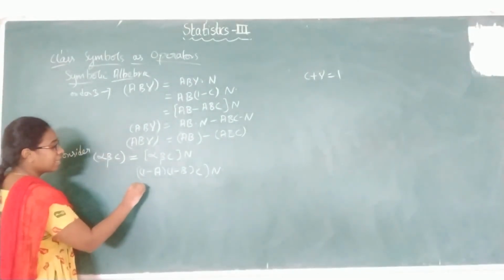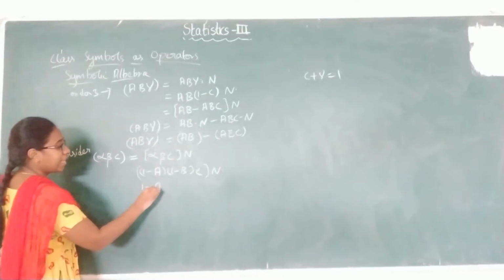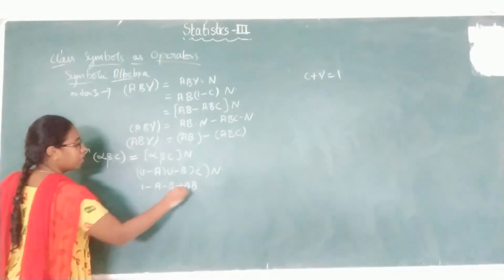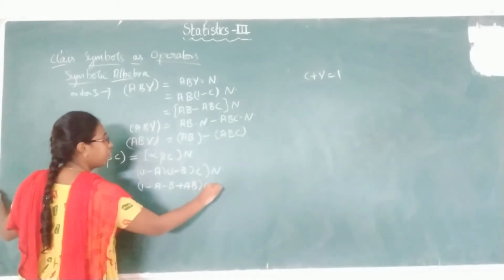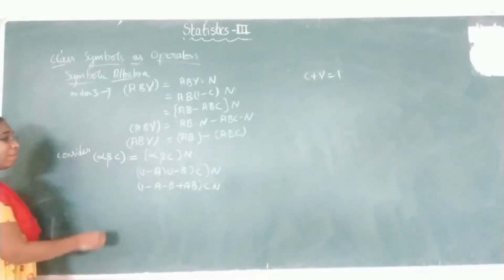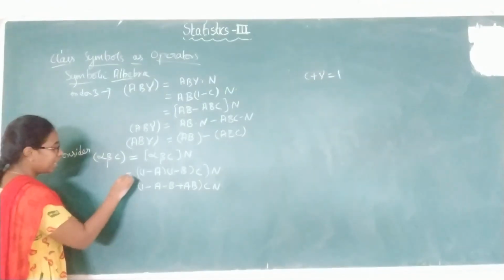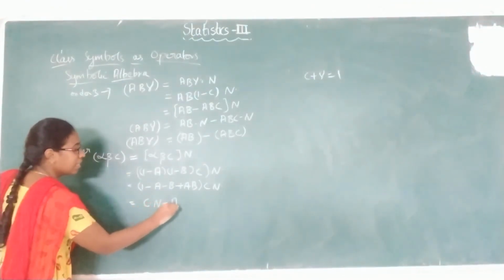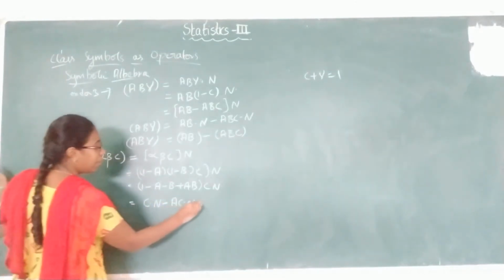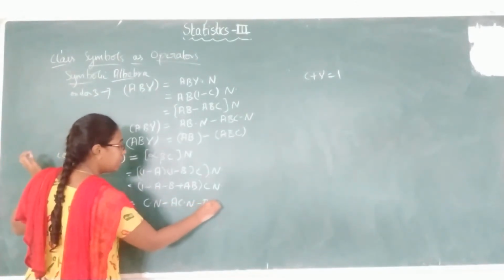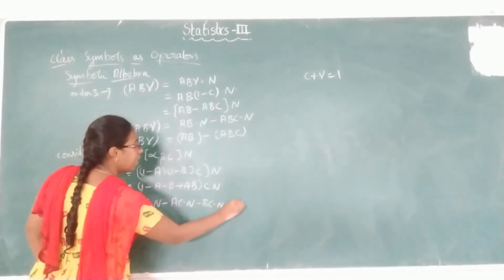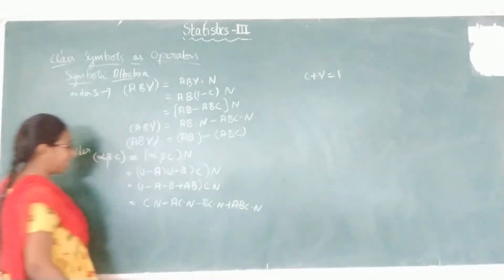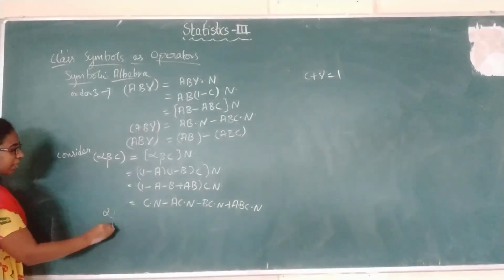You will be getting 1 minus A minus B plus AB into C into capital N. Now multiply C into capital N again inside. You will be getting C into N minus AC into N minus BC into N plus ABC into capital N. Now after dichotomizing, what will you get?